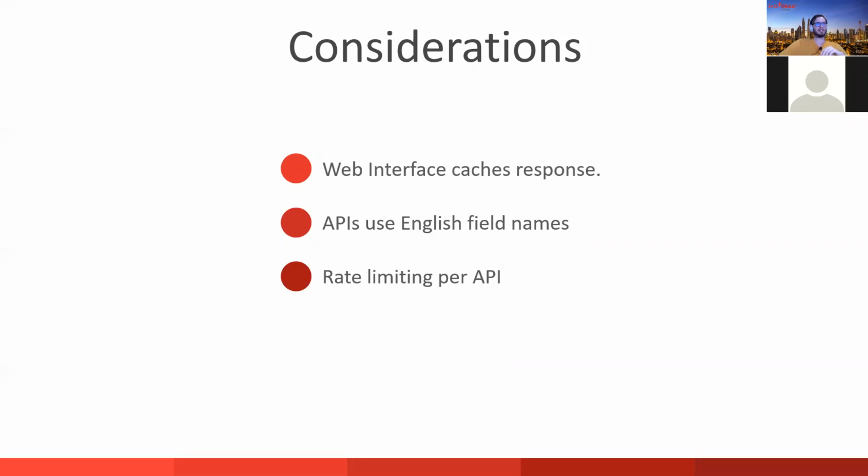When you're setting up APIs, they do use English field names, particularly when you're using custom APIs. And we do now apply rate limiting for simple APIs. This means that each unique API URL can be called once per second from each unique server. So if you're running a web app on your own server and you try to call it more than once a second, then you will receive a 406 error saying that's not allowed.